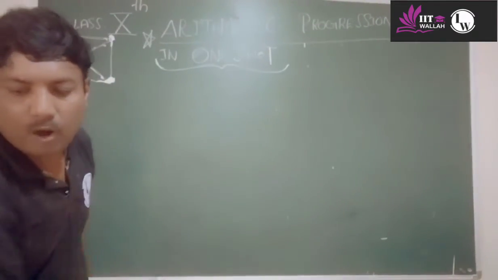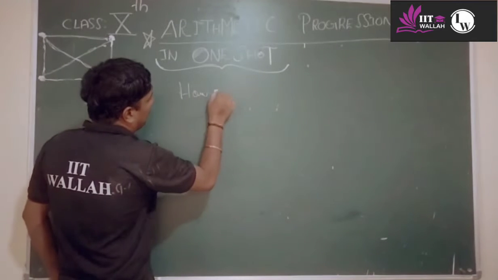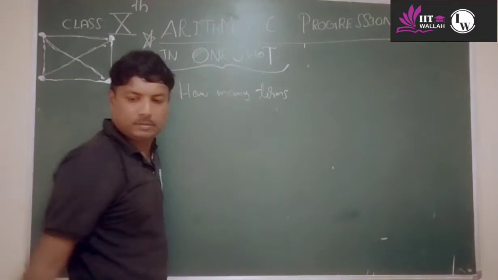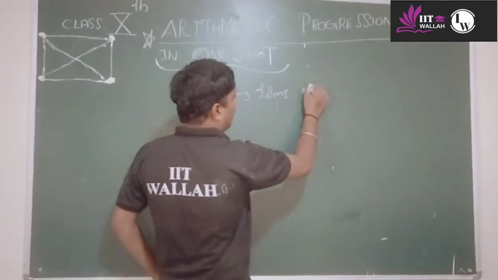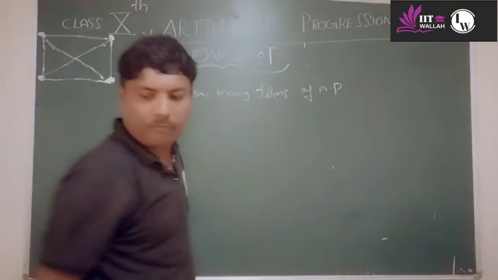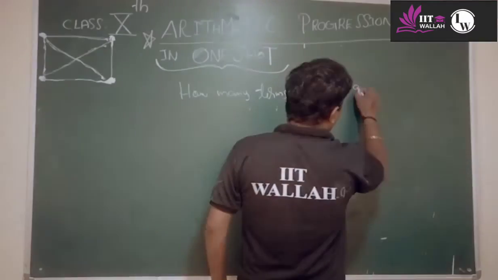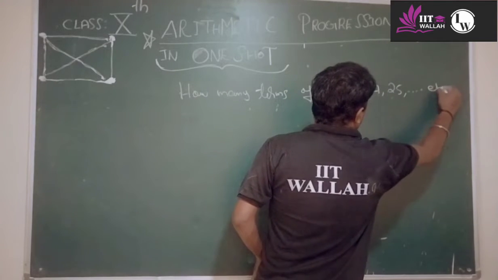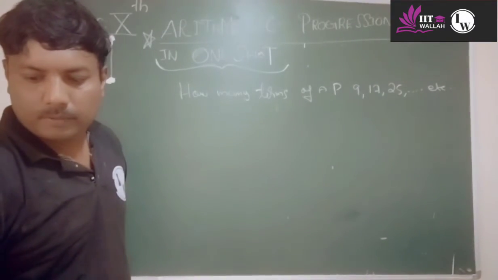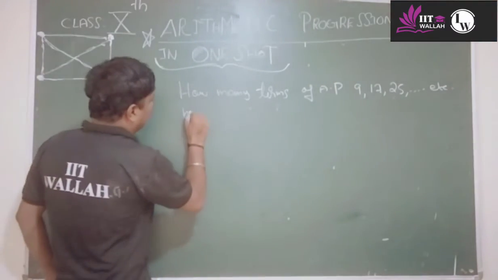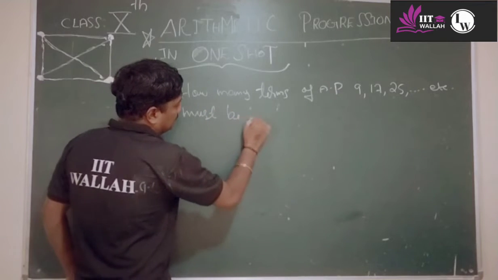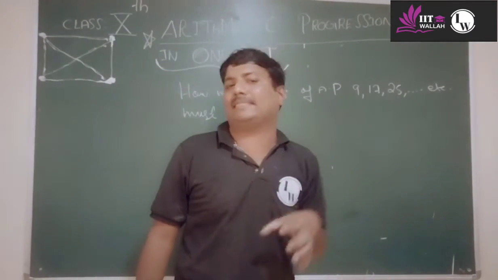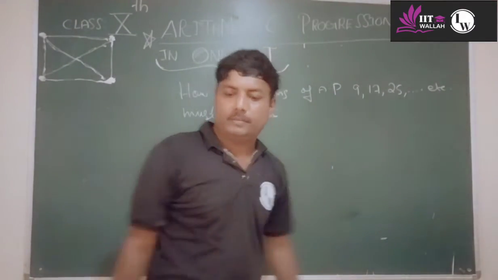So the next question is: how many terms of the AP 9, 17, 25, etc. (this is an infinite AP) must be taken to get the sum of 636? These questions I selected from the exercises to make you understand.